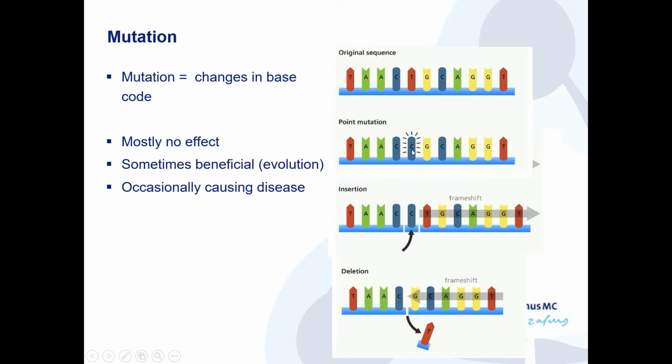And there can be different kinds of mutation. You can see that one of the nucleotides is replaced by a different kind. Here there's an extra nucleotide inserted, and here one of the nucleotides is deleted. And all these different alterations change the letter code, which may affect the function of the gene.